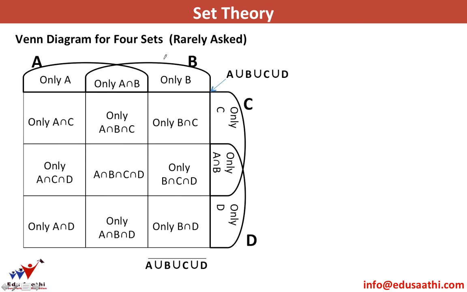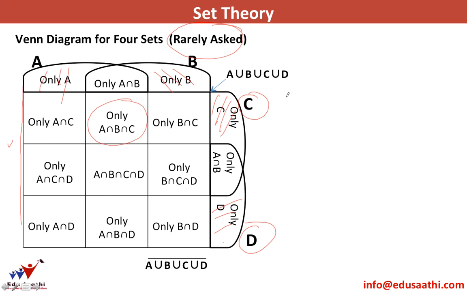Let's move on to Venn diagram for 4 sets. This is very rarely asked. All you need to do here is memorize how to form a Venn diagram, and everything else would be given in the question. So you have this set as A, then you have another tower as B. This is how you make a set C. This is how you make a set D. This represents only C. Similarly, this is only B. This is only A. This is only D. And then all these terminologies here, you'll pay some attention and you'll be able to understand them better.